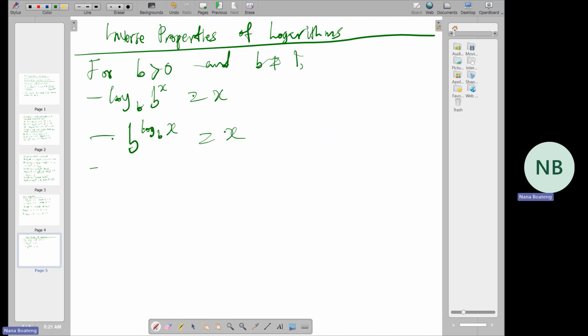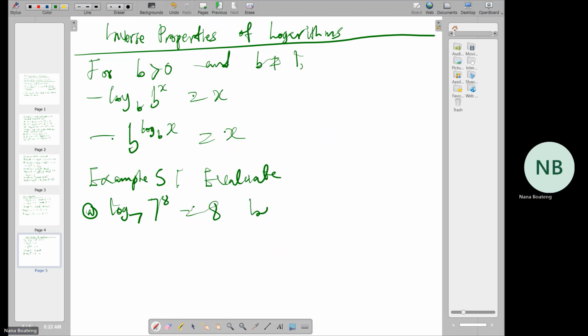So this will be our example 5. It says evaluate. A is log to the base 7 of 7 power 8. So this is equal to 8 because of the first property, log to the base b of b power x.